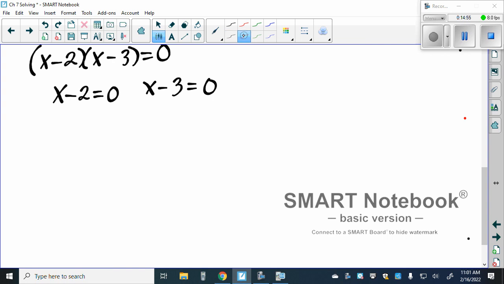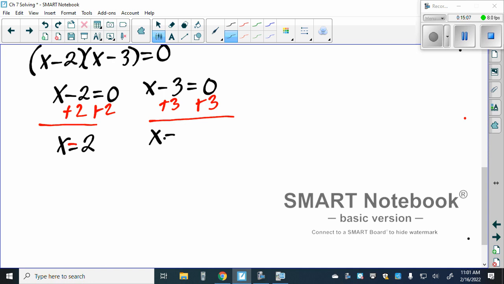Well, then we would just solve for the value of x, adding 2 to both sides here, adding 3 to both sides here, telling us that x is equal to 2 and x is equal to 3, the exact same things we got. Questions on this here?